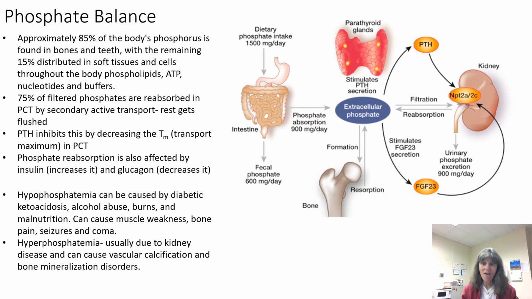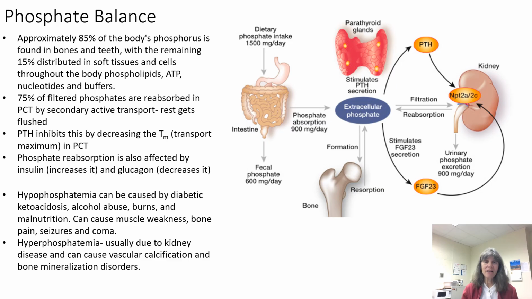We discussed how hydroxyapatite in bones and teeth is a combination of calcium and phosphate groups. So approximately 85% of phosphorus in the human body is going to be found in bones and teeth. And the other 15% is going to be distributed in soft tissues, cells throughout the body, in phospholipids, in adenosine triphosphate, nucleotides, buffers.